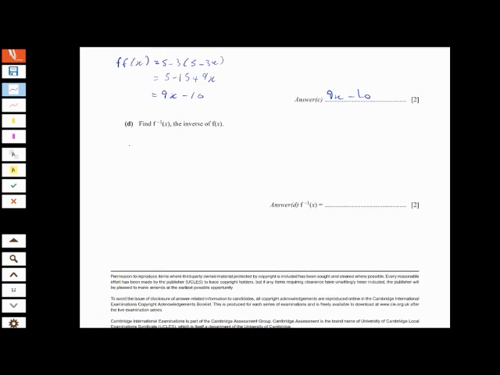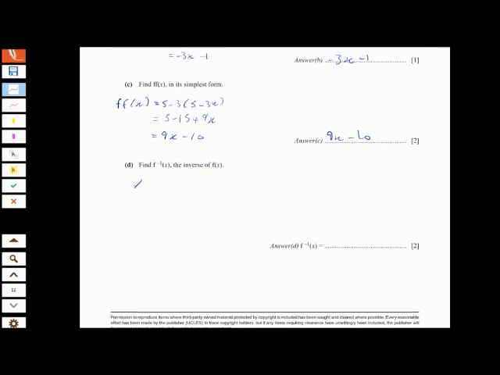For the last one, the inverse of f(x). So let y equal f(x), which is 5 minus 3x. Then swap y and x. Now make y the subject. How will you do that?